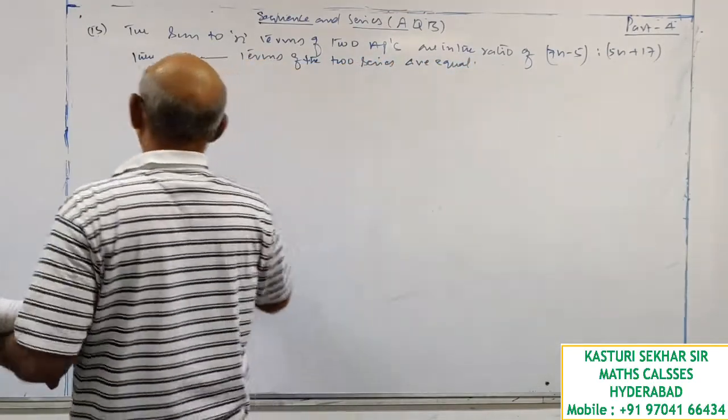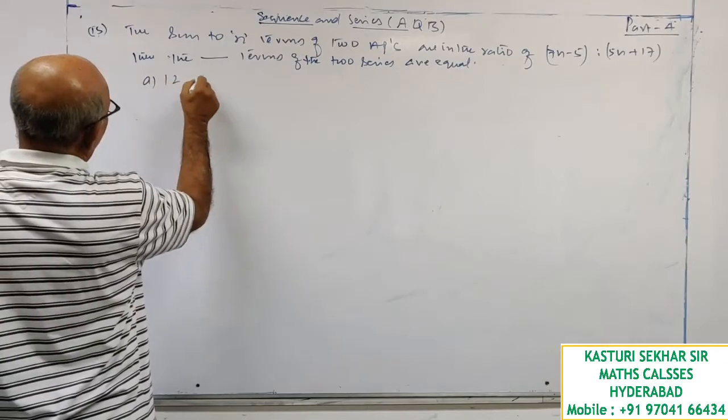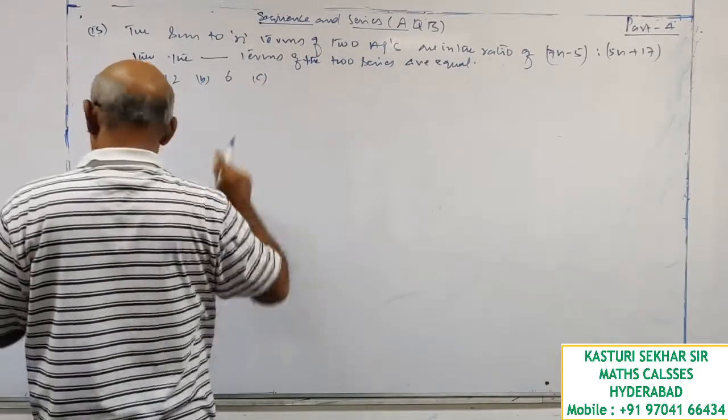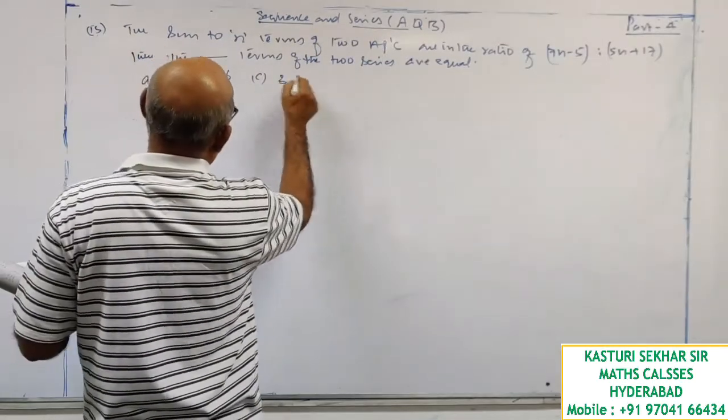Option A 12, option B 6, option C 3, option D none.